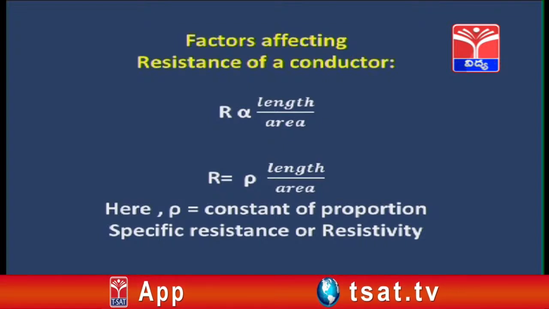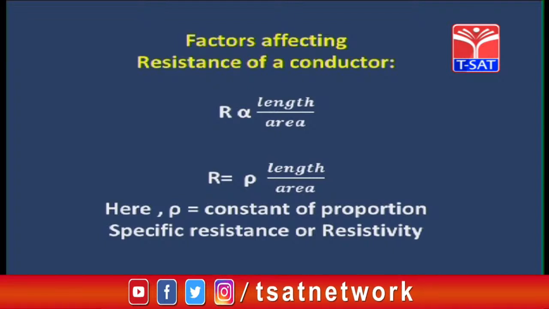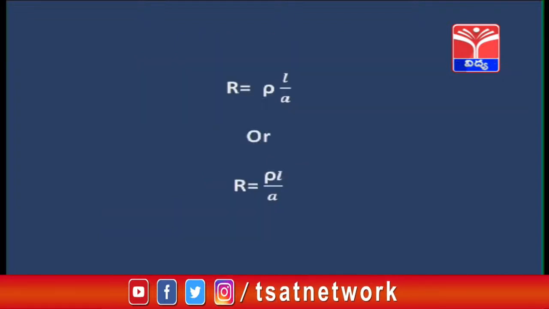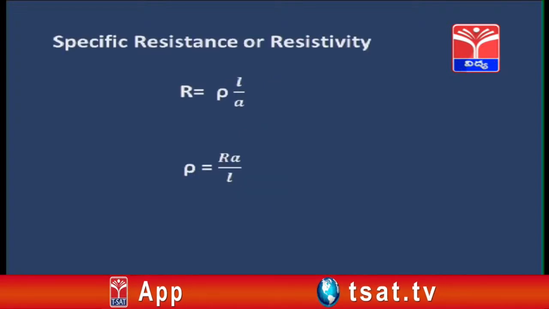So, resistance is equal to rho times length by area. Here rho, which is the constant of proportion, is called specific resistance or resistivity. So, rewriting, we get R is equal to rho L by A.